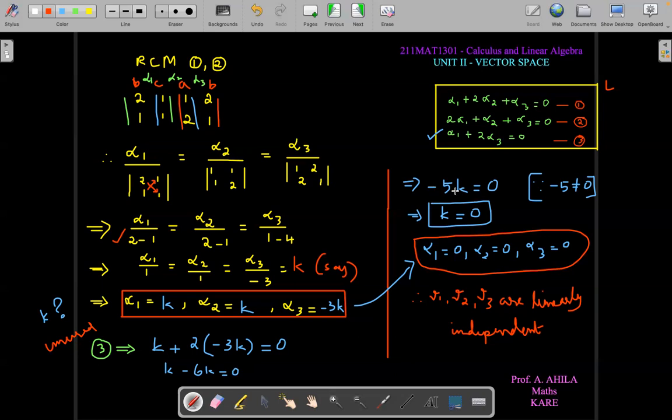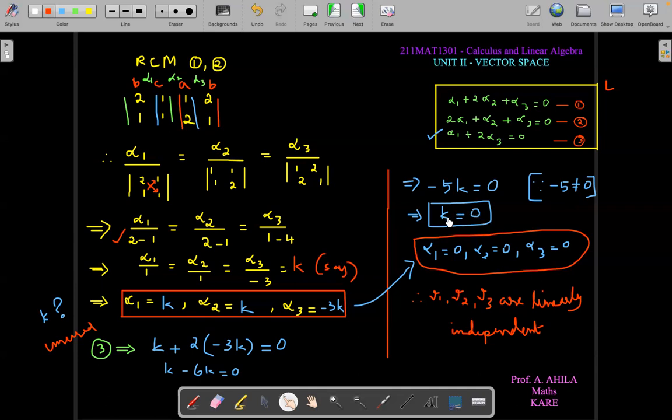We are getting minus 5k equal to 0. Now understand, the product of minus 5 into k is 0. When a product goes 0, one of the values must be 0. Here minus 5 cannot be 0 since it is a constant; minus 5 is always minus 5. So the only possibility is that k should be 0. So our k goes 0.